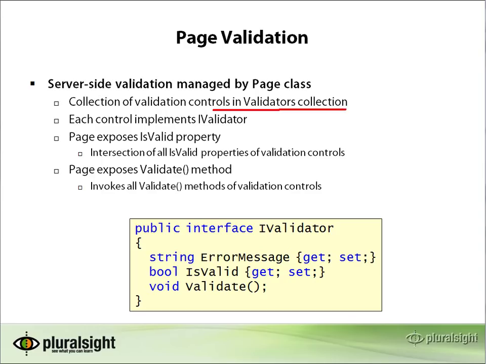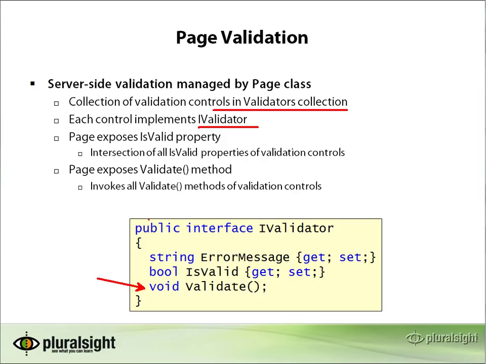It's got a collection called validators in the page class, and each validation control implements this IValidator interface, and that interface is what the page will use to perform the server-side validation. It'll actually invoke this method right here called Validate to execute the validation. And we'll talk about when that happens and how it intersects with the rest of the lifecycle in a moment.